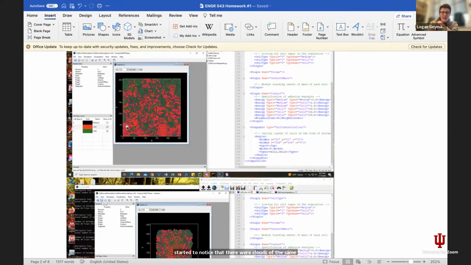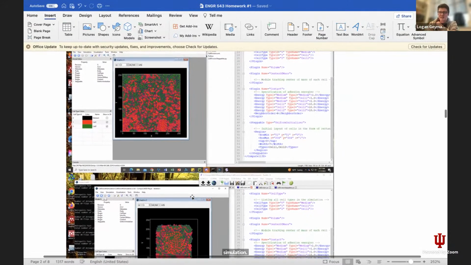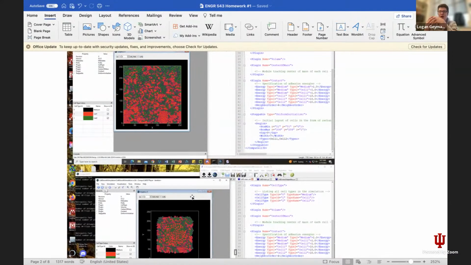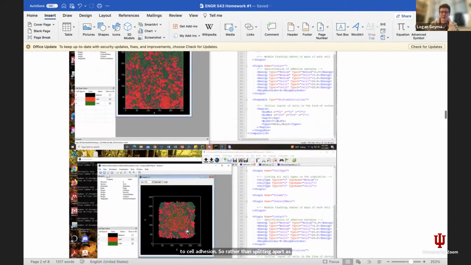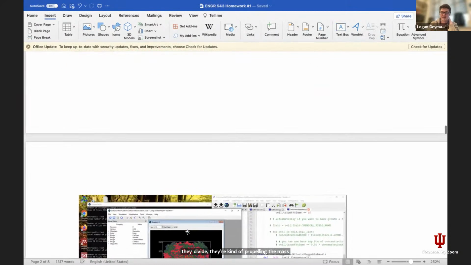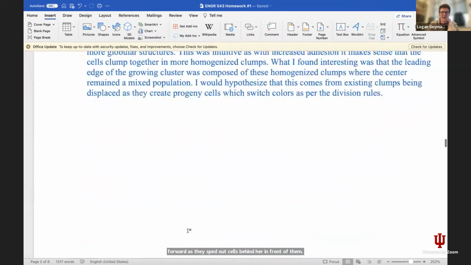So you can see here the red corners down here, and then the green corners up here, those were the same from the beginning to the end of the simulation I ran. So this makes sense because I'm increasing cell to cell adhesion. So rather than splitting apart as they divide, they're propelling the mass forward as they spit out cells behind or in front of them, which made sense to me since I increased the adhesions.